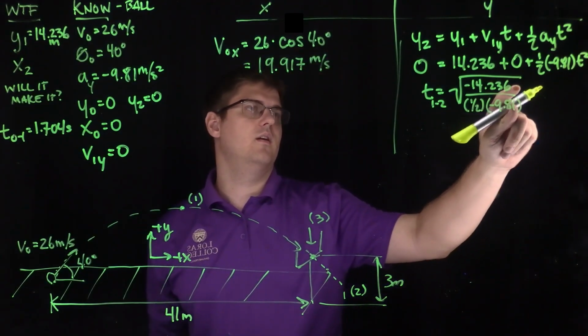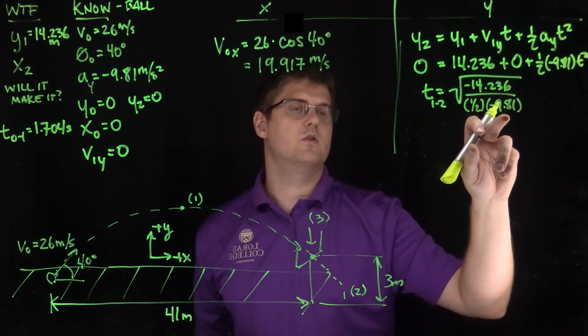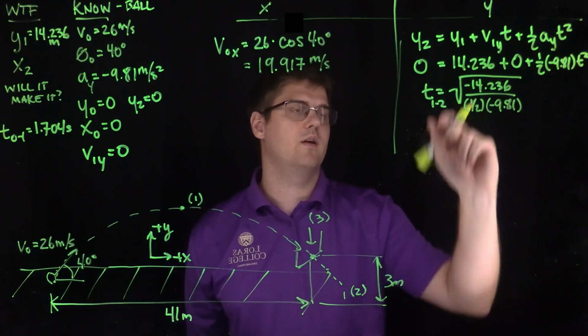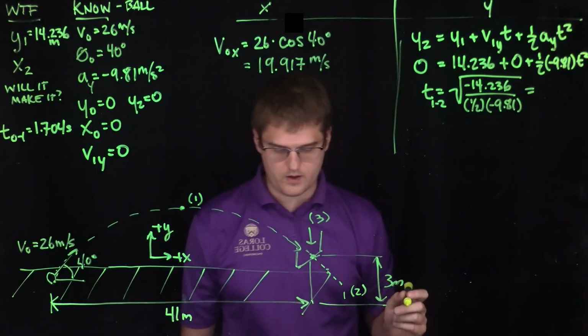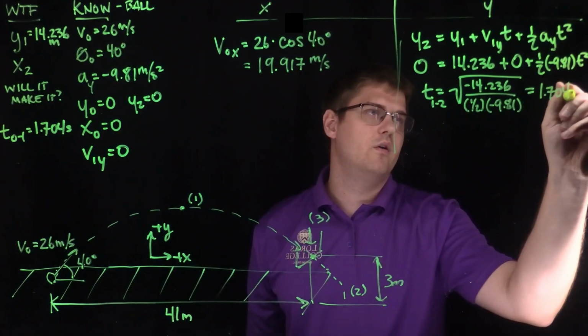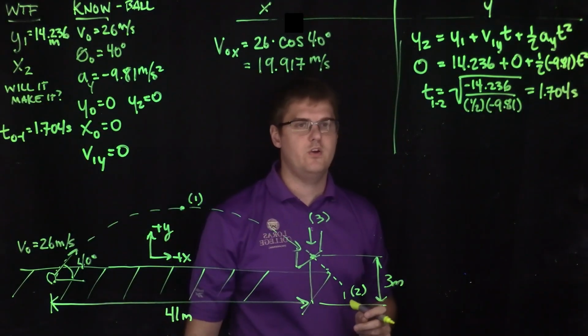This is in meters. This is in meters per second squared. We end up with seconds squared. Take the square root of that. We should end up with seconds. So our units are all working out. And I get 1.704. That looks familiar. That was the time from 1 to 2.